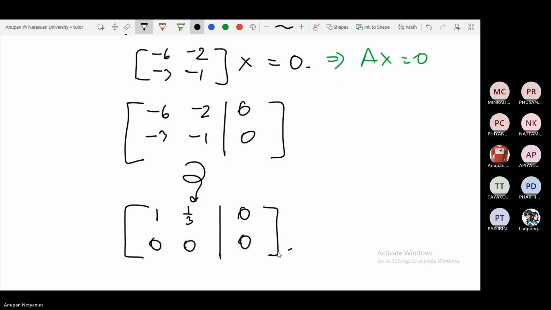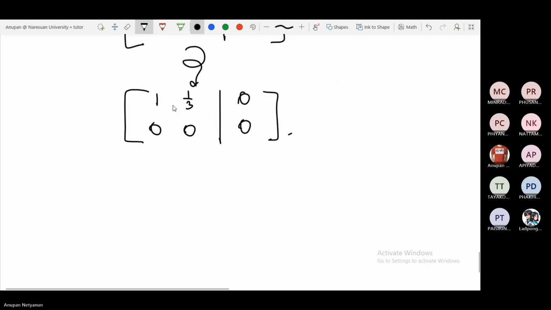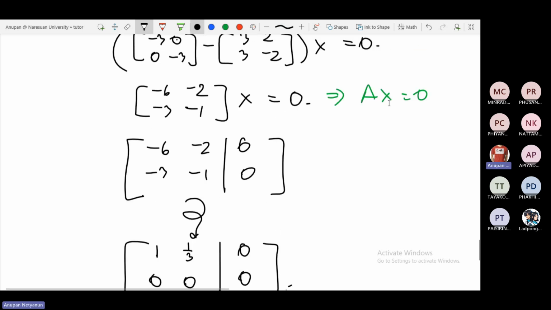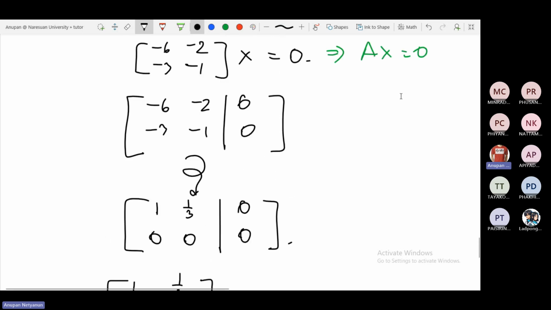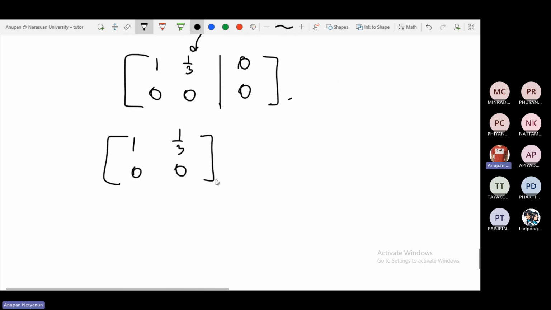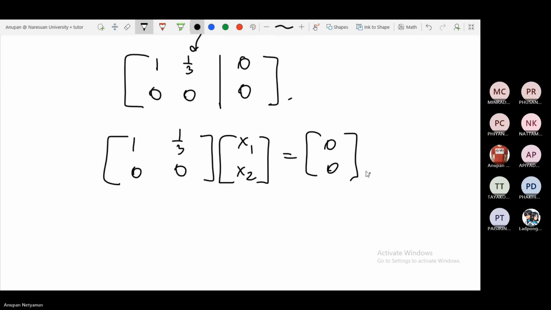Now, from this, put it back into an equation form. So you have [1 1/3; 0 0] times x, let me call it x1, x2, equal to the right-hand side, 0, 0.